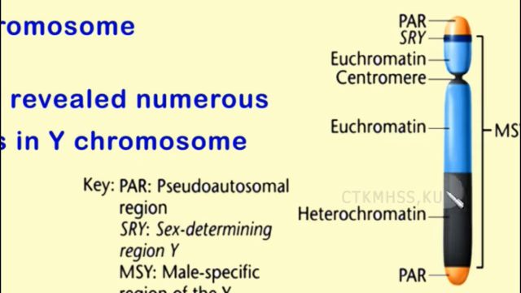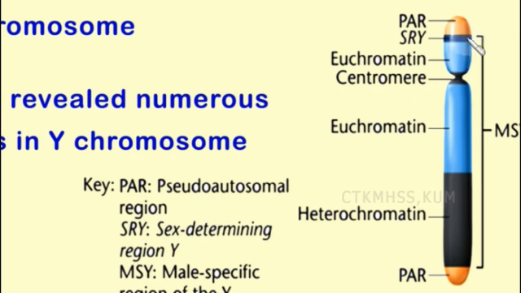So in this NRY region we can see euchromatin and heterochromatin. In the euchromatin region there is SRY. SRY is the sex determining region.